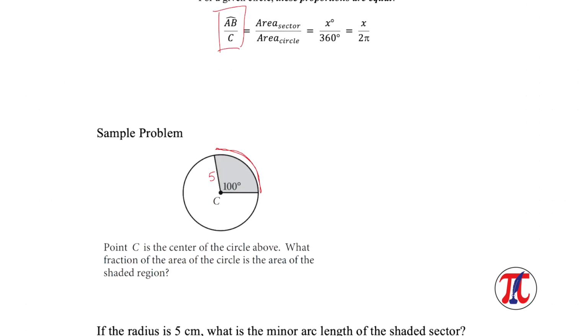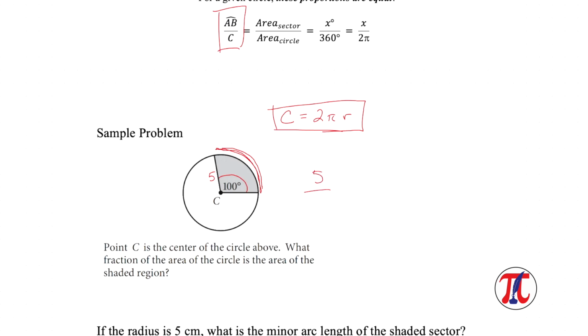Hopefully you know that circumference is 2 pi times the radius. We're talking about the minor arc length in relation to the circumference of the circle. We know that the relationship between this angle and the 360 degrees of the entire circle is 5/18.